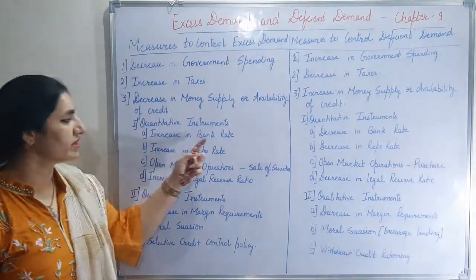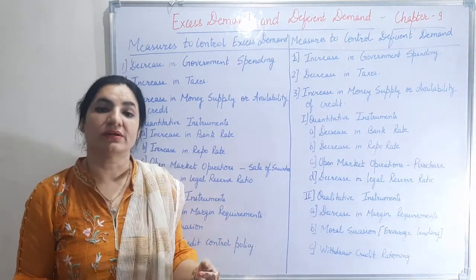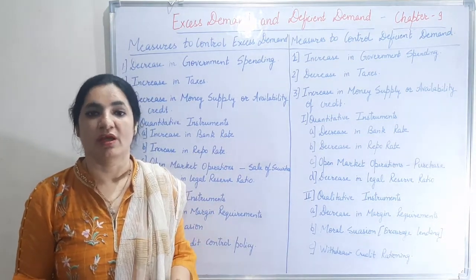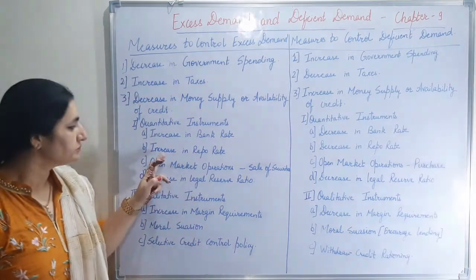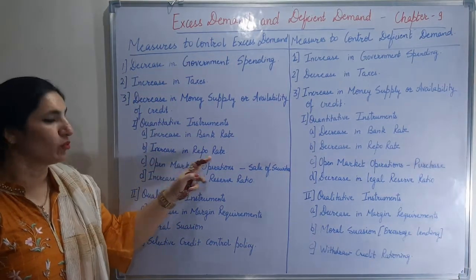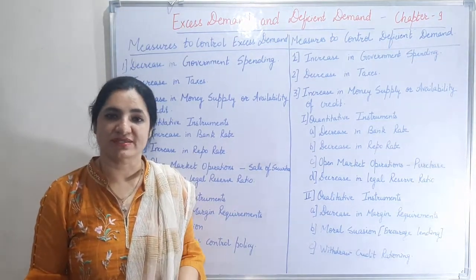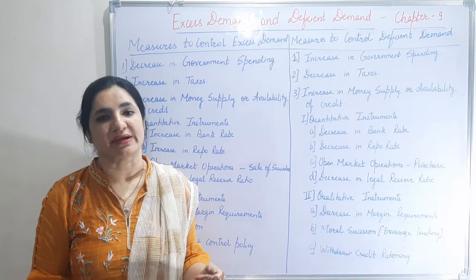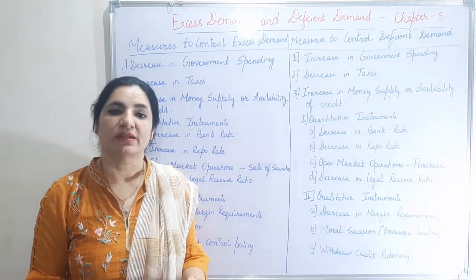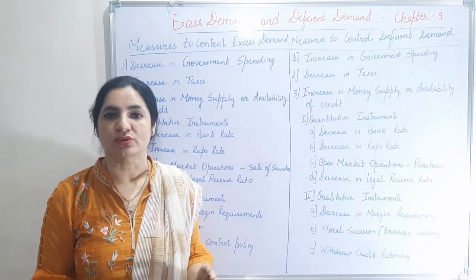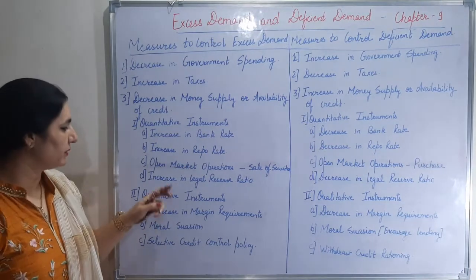If the rate of interest will be increased, then the lendings or the loans taken by the people will be decreased, thereby decreasing the money supply. Increase in repo rate. Repo rate is for the short term, and the implication is same. If the interest rate for short term lendings will be increased, then people will be discouraged to take more credits, thereby decreasing the aggregate demand.